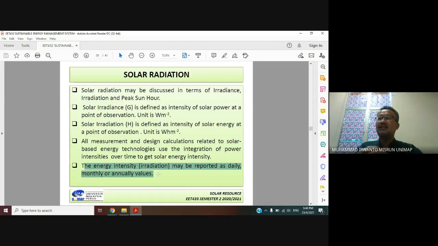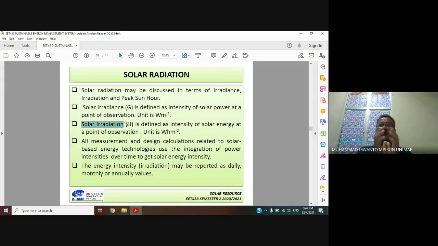And then the second is solar irradiation. This is the energy of the solar. We know that the unit of energy is joule or watt hours. So the unit of solar irradiation, or solar energy intensity, is watt hour per meter squared.